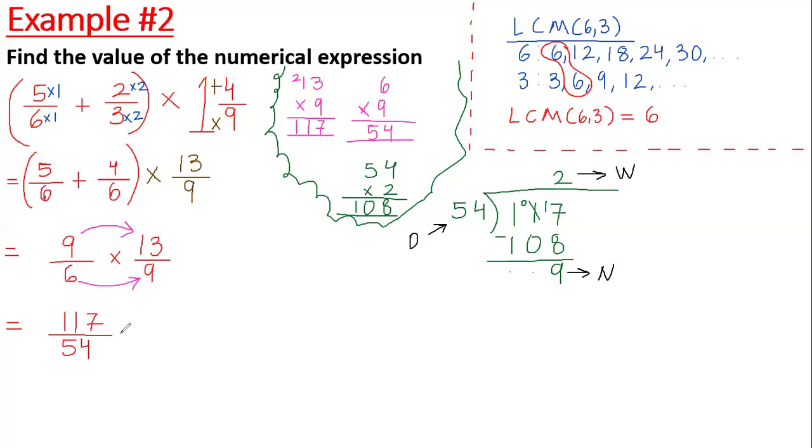And so we have 2 and 9 over 54, and that's it, right? We're done.